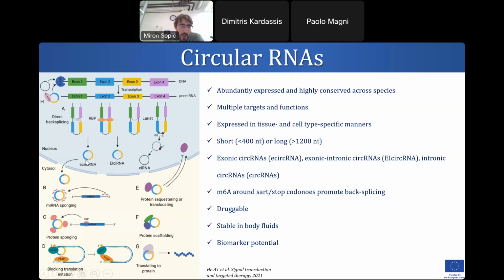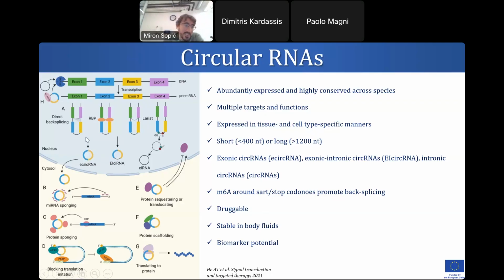And basically you have a circular form, which doesn't have a beginning and an end formally. So it is much more stable in terms of degradation, because we know that RNases like to attack on one side or the other. And by having this completely closed circle, the half-life of circRNAs is much longer than other RNAs.